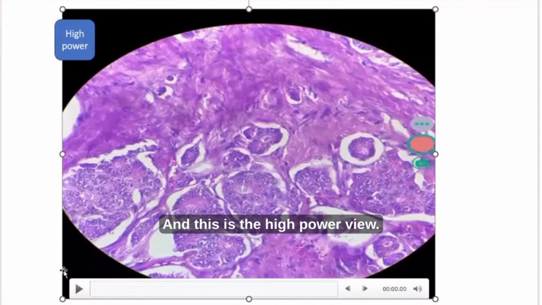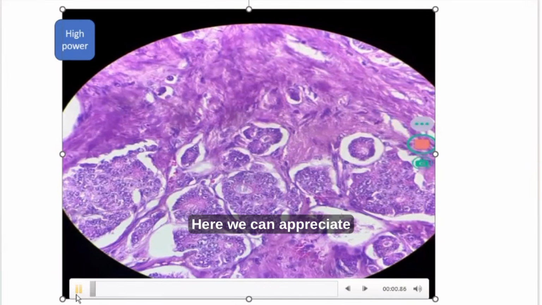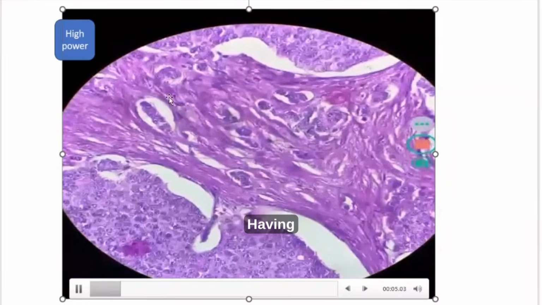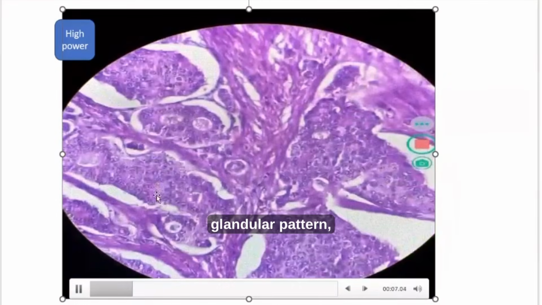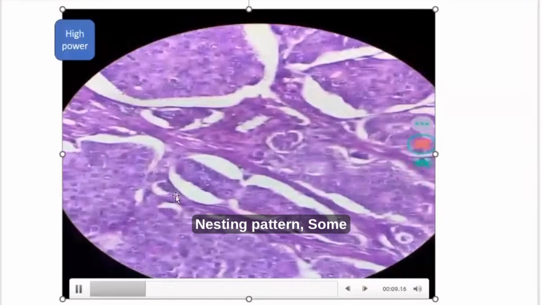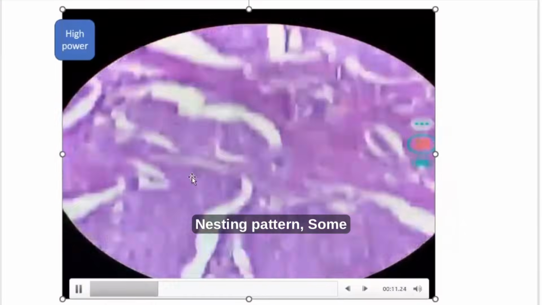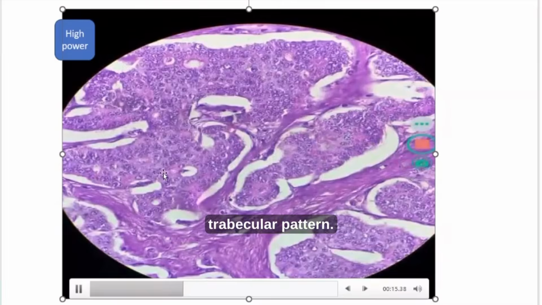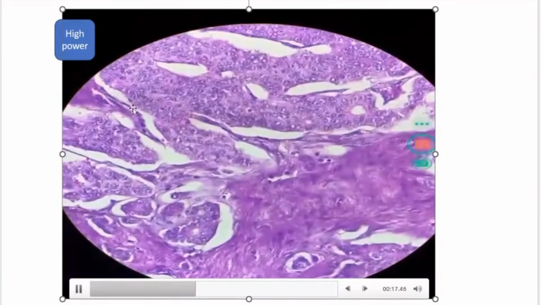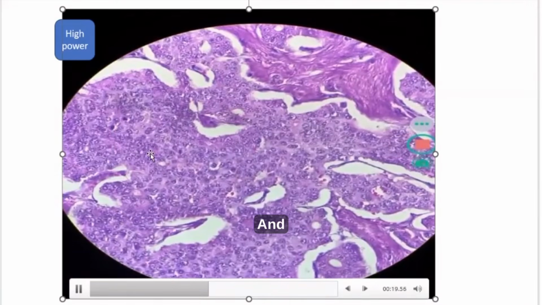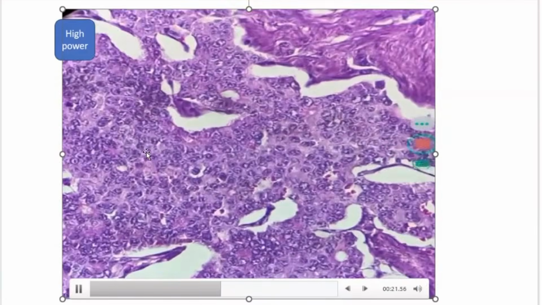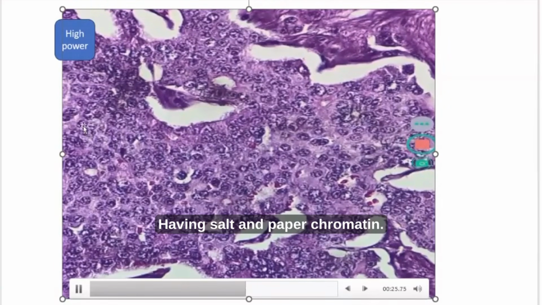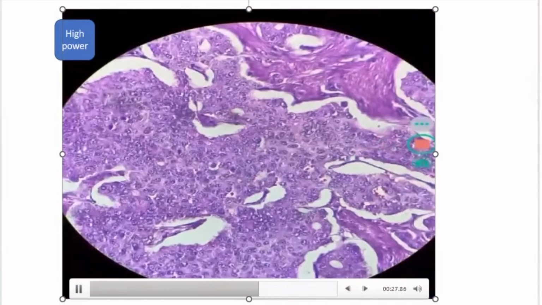And this is the overview. Here we can appreciate the tumor part having a glandular pattern, nesting pattern, some trabecular pattern, and blue round tumor cells having salt and pepper chromatin.